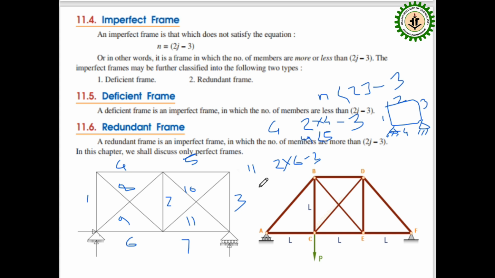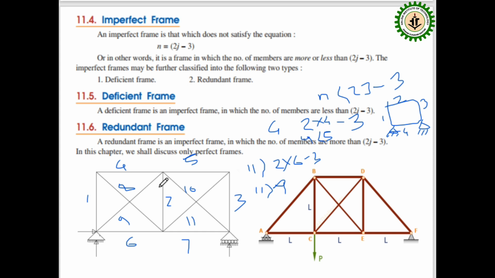So 11 is greater than 9. So this type of truss is called a redundant truss or redundant frame structure.